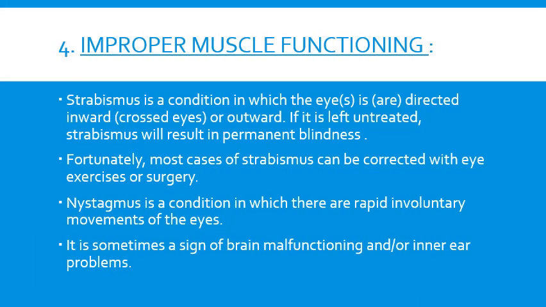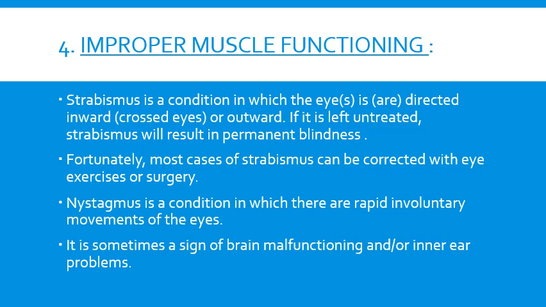Now we will be discussing the last cause, that is improper muscle functioning. In improper muscle functioning, there are two conditions which result in visual problems. First is strabismus and the second one is nystagmus.